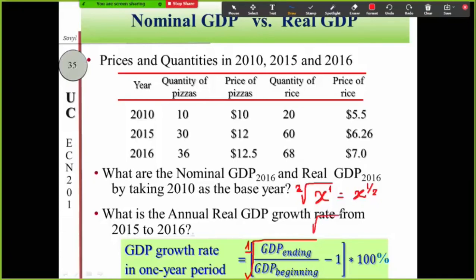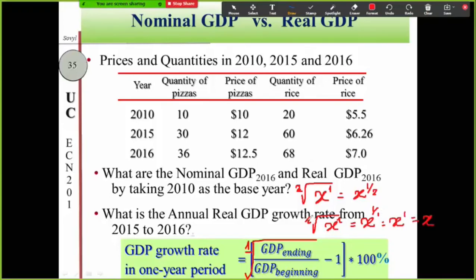How about this one? The first root of x exponent 1 should be x exponent 1 over 1, equal to x exponent 1, and equal to x.